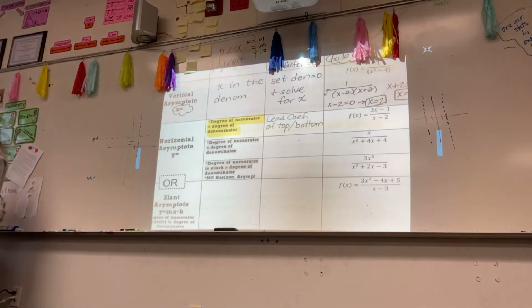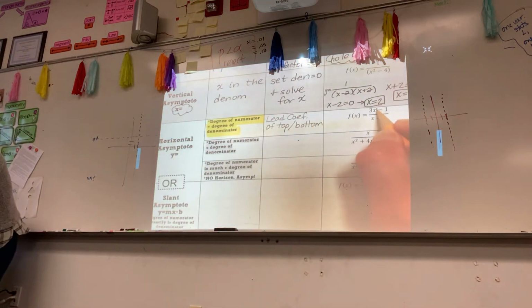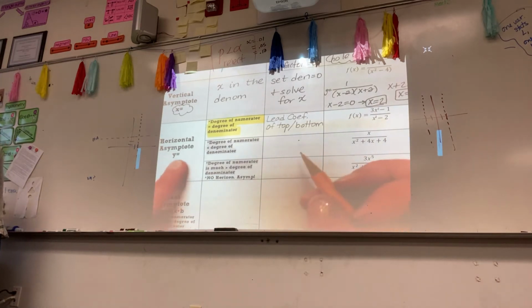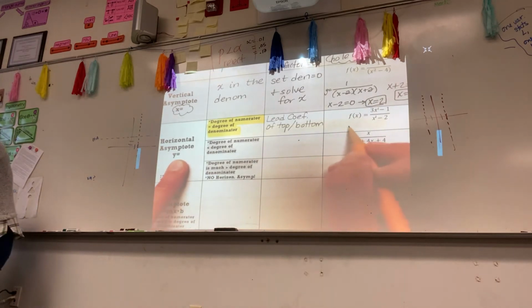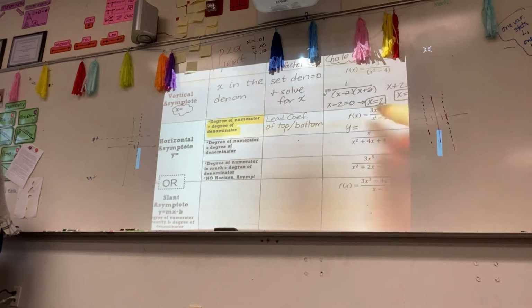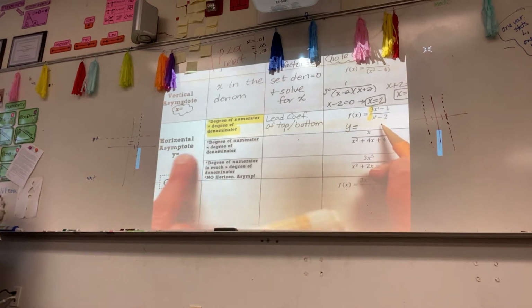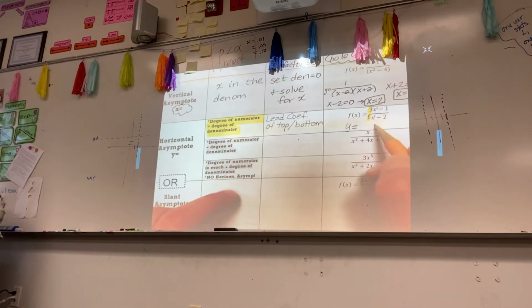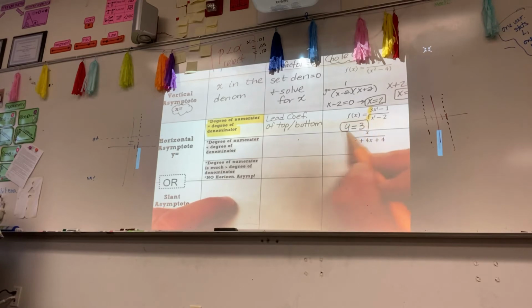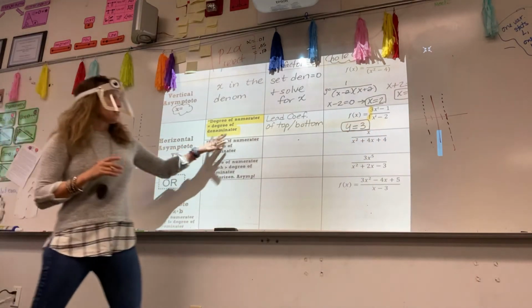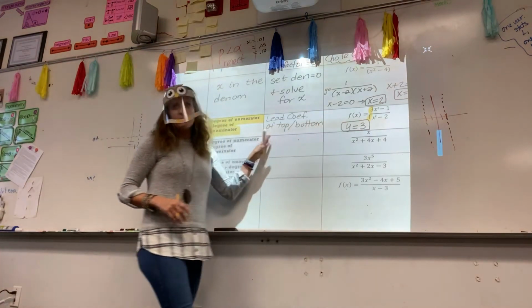Since the degrees are the same, the exponents are the same, then my horizontal asymptote, y equals, is going to be the leading coefficients of the top and the bottom. So what's my horizontal asymptote going to be here? 3 over 1, which is just 3. That's the type of horizontal asymptote we just found, okay?